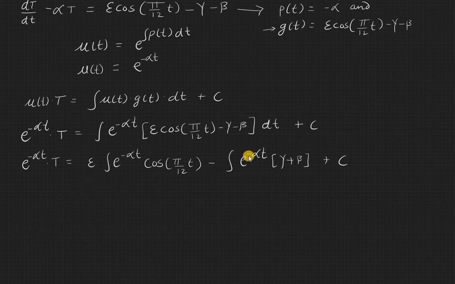Now here you can see that we can solve this particular term directly, because this gamma plus beta is constant, so we can take that outside the integral and we can solve that directly.